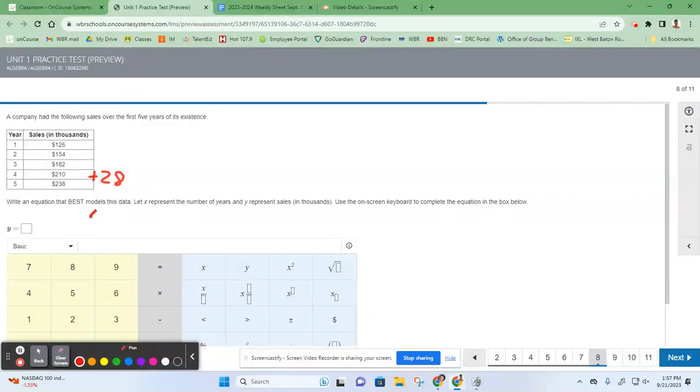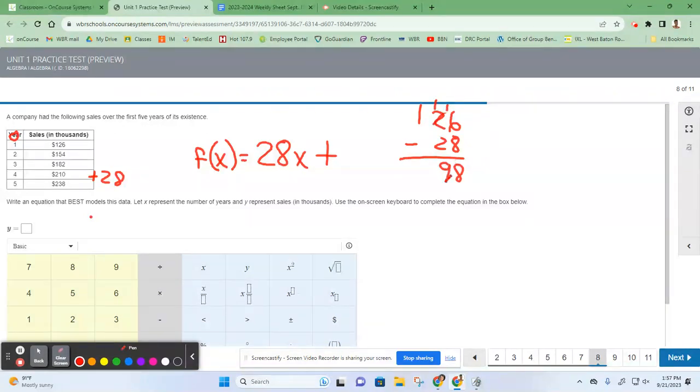So the equation that best models this, think about this being a sequence that's arithmetic. My explicit equation would be what I'm adding, 28x plus my beginning. To find my beginning number, the 0, I would have to subtract 28 from this, and 126 minus 28 would give me 98.